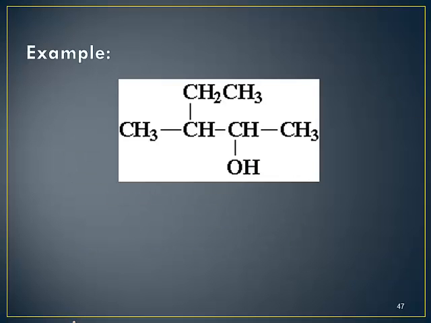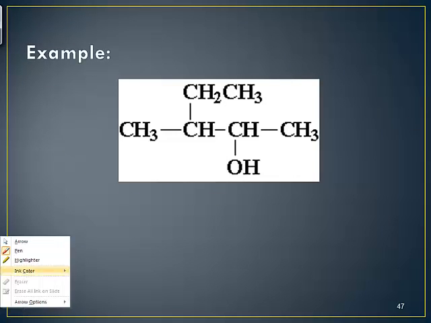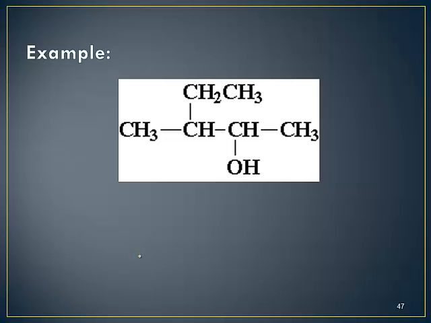So looking at an example of this, we have this particular molecule, and we're going to look, just like before, for the longest possible carbon chain. That longest possible carbon chain should be one that includes or has attached to it the OH group. So although you might be tempted to go side to side here, we can see that if you swing up and around and then down and over, we have a 5 carbon chain instead of a 4 carbon chain.